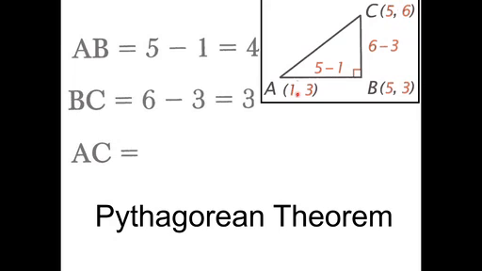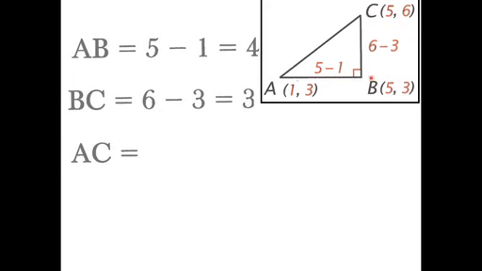But if we look at that picture and say, hey, that reminds me of the Pythagorean theorem. There's a right triangle. And we know 2 of the legs. We just calculated 2 of the legs there. We know that this one down here is 4. And we know that this one over here is 3. So we could use the Pythagorean theorem, couldn't we?